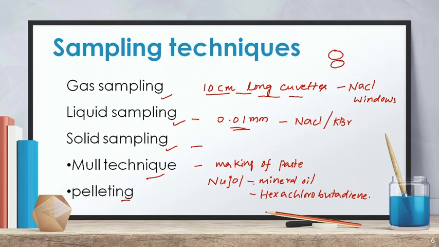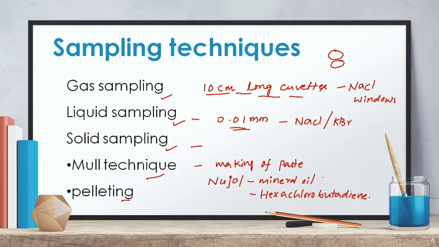As in the earlier case, we have taken sodium chloride plates. In between the two sodium chloride plates, we dropped a drop of liquid sample and squeezed the two plates to get a thin film of liquid layer. Here also we take sodium chloride or potassium bromide plates to give a thin film of the sample, but here the sample is present in the form of paste or mull.